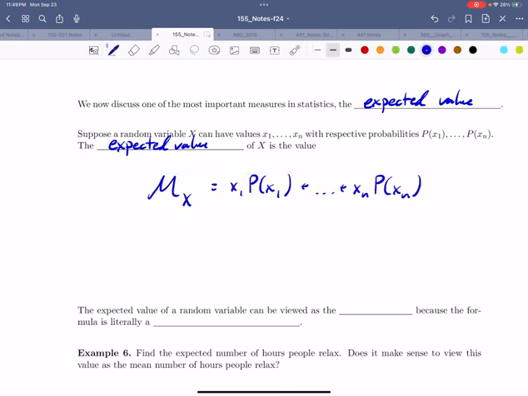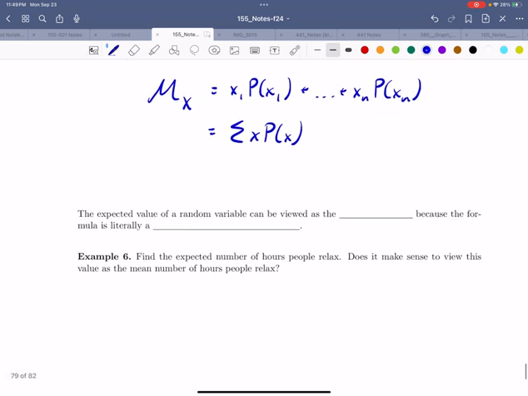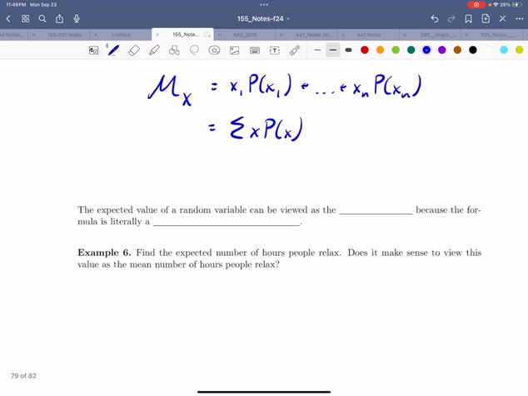You also might see it in the book written like this. That's all fancy. Now, the expected value can be viewed as the mean in a certain sense because the formula is literally a weighted average. We didn't actually get into what a weighted average meant, but you can check the book if you're interested.